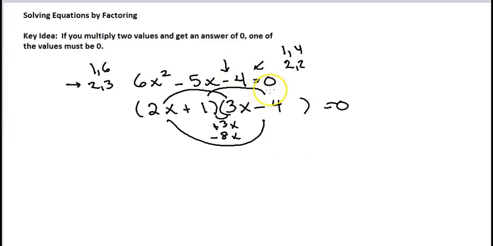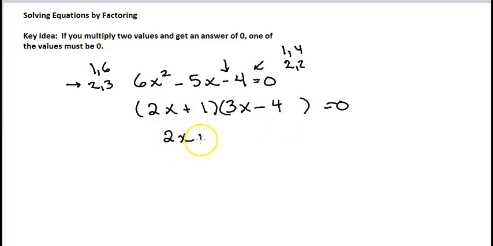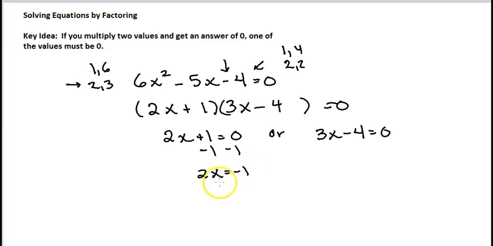So now that I have it factored correctly, now I take each of these and set them equal to 0. So either the 2x plus 1 equals 0, or the 3x minus 4 equals 0. In this case, my solution is negative 1/2.